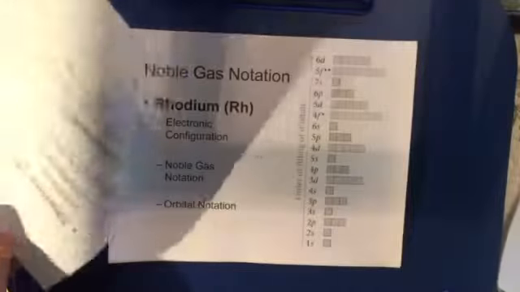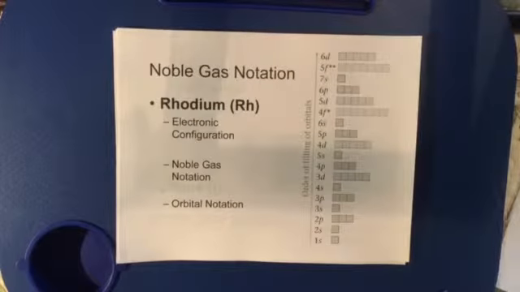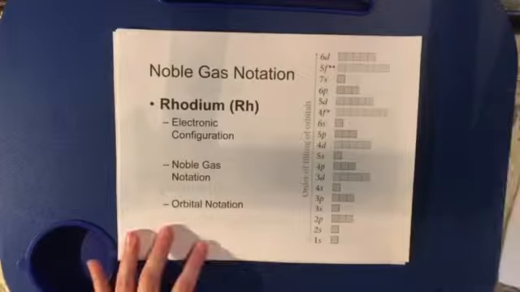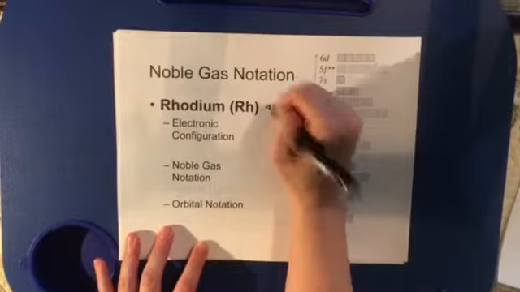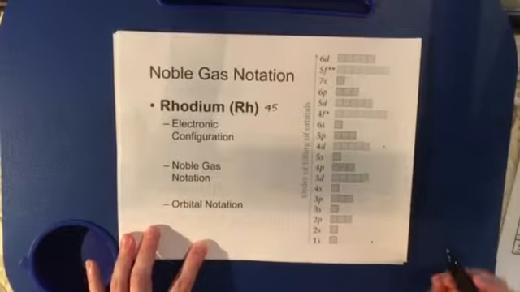And so we're going to do some examples here. For rhodium, which is right here, number 45. So there's 45 electrons there. So electron configuration, starting from here, go up.